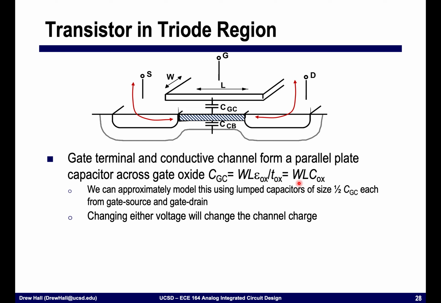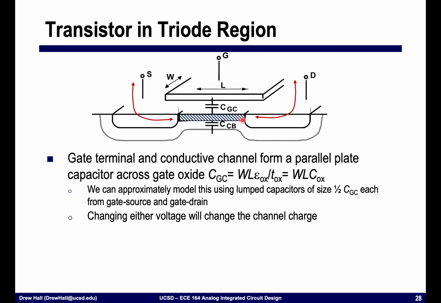So this is just equal to WL times Cox. There is a little bit of a nuance here in the sense that this capacitance is really a distributed capacitance. If I was to draw this, there's really a whole bunch of little tiny capacitors that are all linearly spaced along this channel.